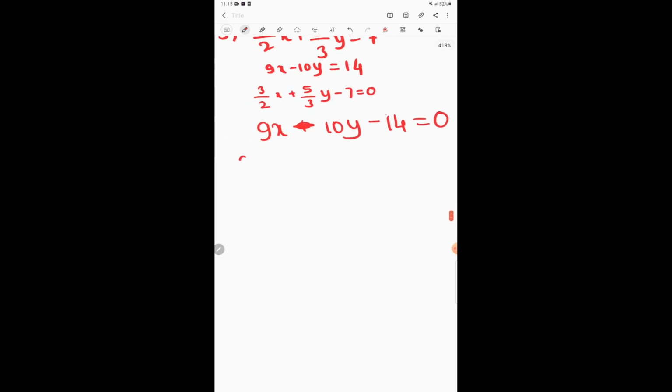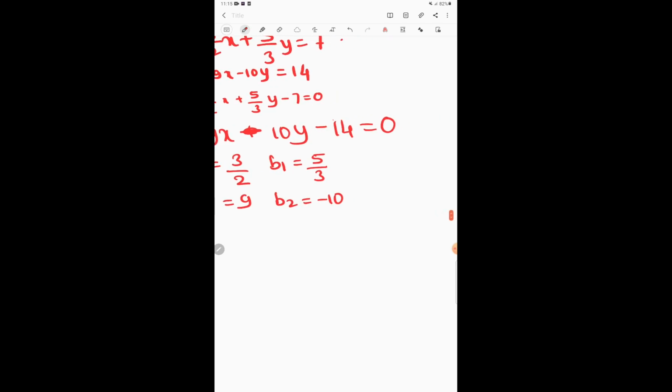So a1 is how much? Tell me. 3 by 2. a2 is 9. b1 is 5 by 3. b2 is minus 10. c1 is minus 7. c2 is minus 14.